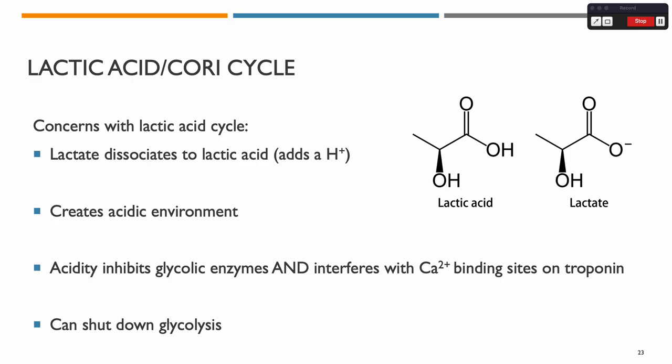So one thing to note with this process, remember it's anaerobic when oxygen is not available, so glycolysis is running. We continue to run and build pyruvate, which will turn into lactate in an oxygen deficit environment, in an anaerobic environment. The problem with lactate is when we have lactate anywhere, it quickly and very easily dissociates into lactic acid.